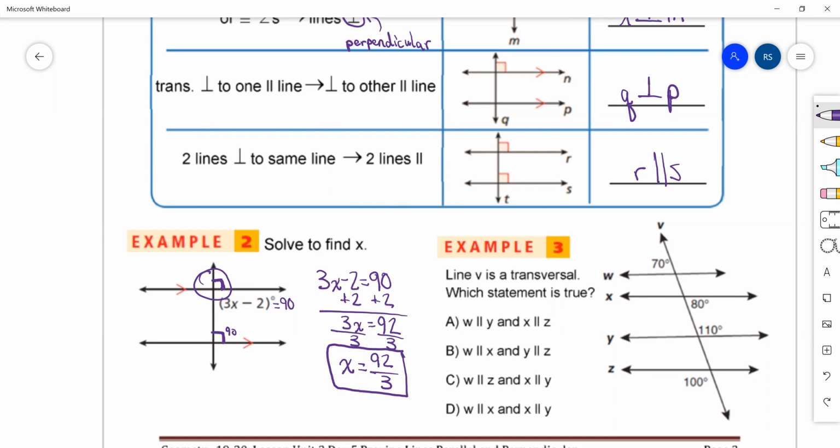So if this one is 70, 70 plus what gives you 180, because these two have to add to 180 right here. Let's see. 180 minus 70 is 110. So this angle right here is 110 degrees.